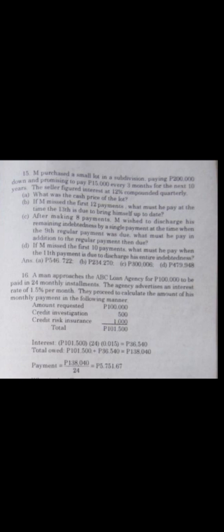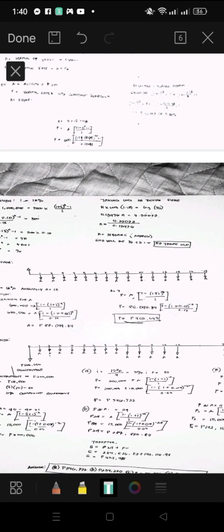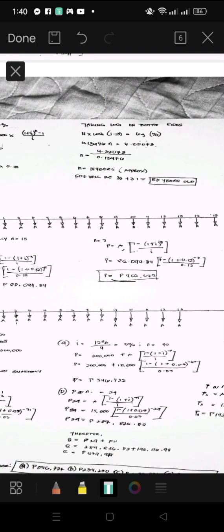So what is asked in part A is: what is the cash price of the lot?